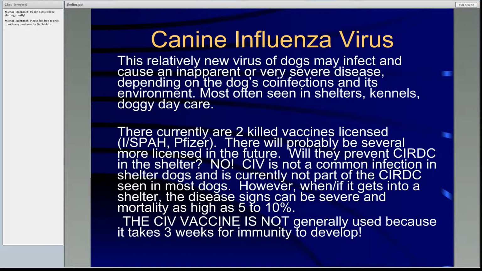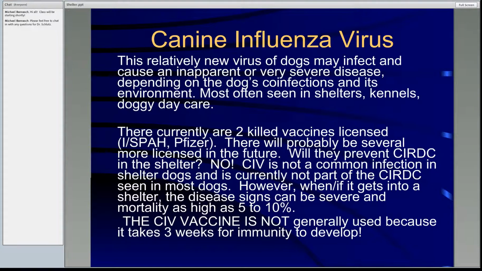Now, fortunately, even though this is a new virus, and there's a large percentage of the entire population that has no immunity whatsoever to canine influenza, it only came into the species in 2004. We have not seen it occur in very many shelters. There have been some shelters and some kennels that have outbreaks, but it's not a casually transmitted virus.